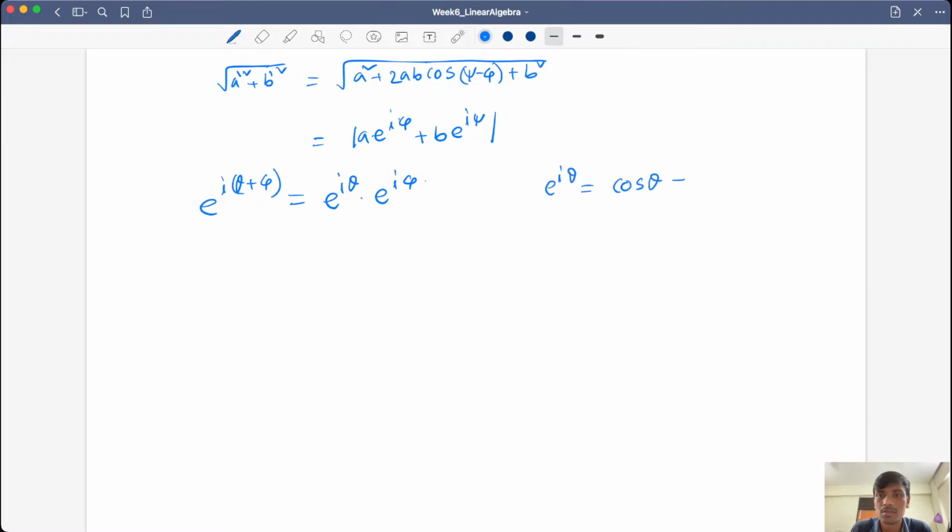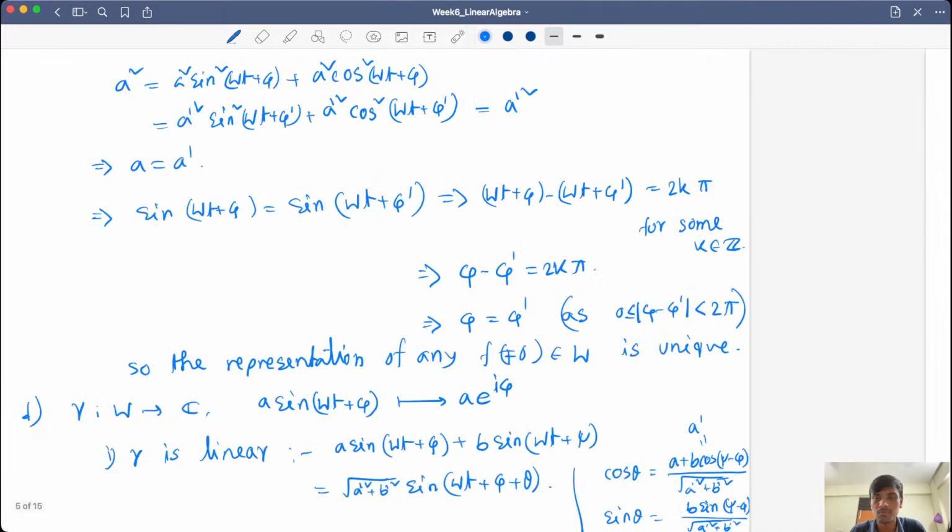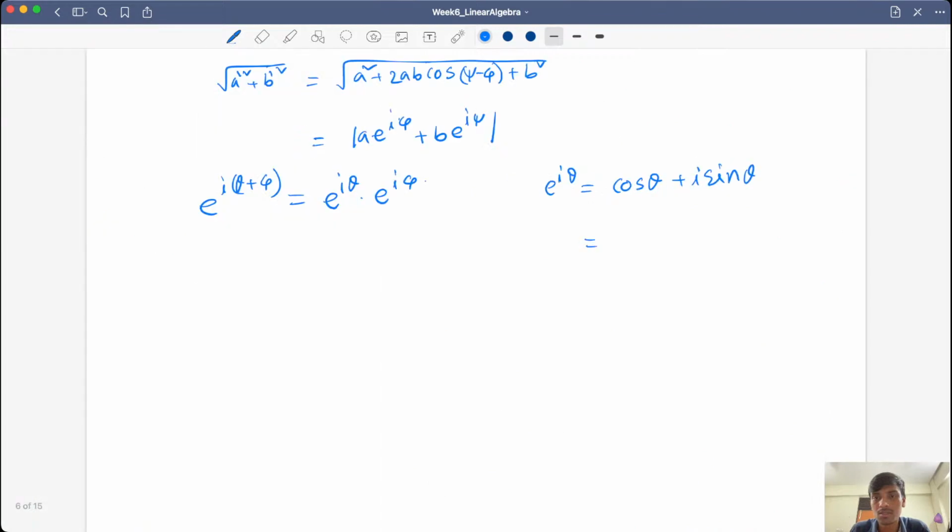So if I put here a plus b cos psi minus phi plus i b sin psi minus phi, by root over a square plus mod a square plus b square, which I am writing the same as a prime square plus b prime square.